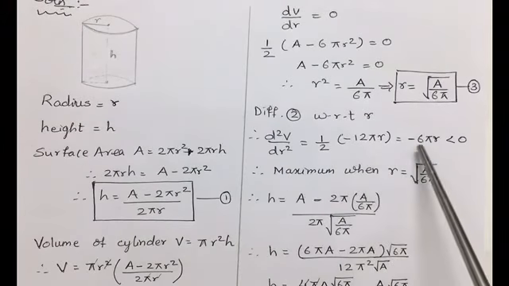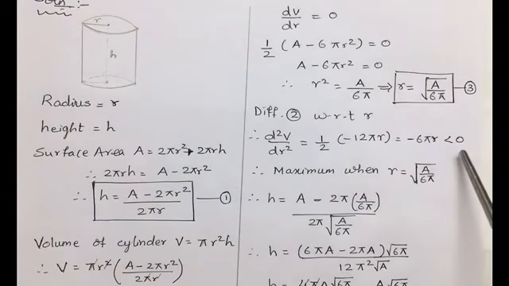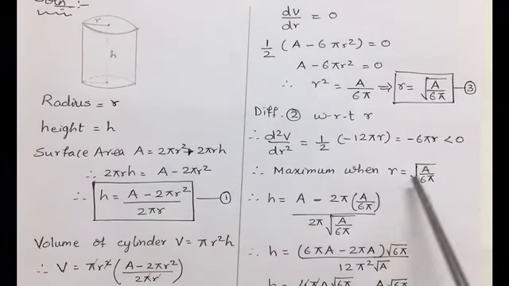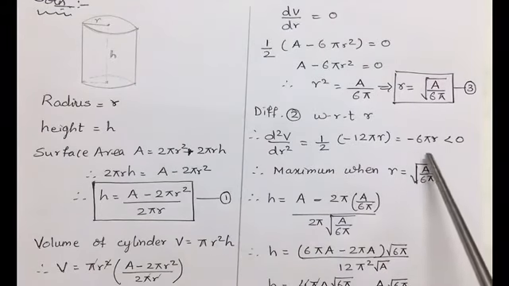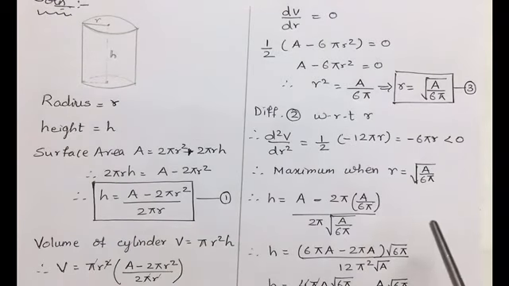Cancellation gives us minus 6 pi r. As this value is negative, it is less than 0, so it is maximum. Here we have not substituted the value of r, the reason being the term is going to remain negative. So the volume is maximum when r is root of a upon 6 pi.